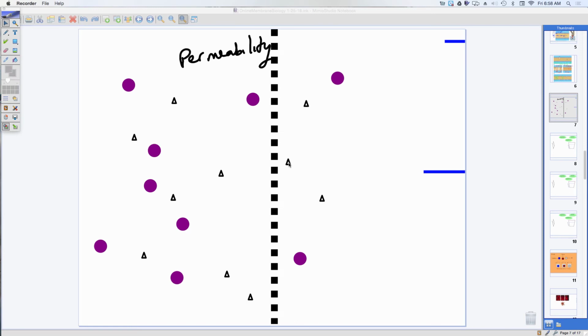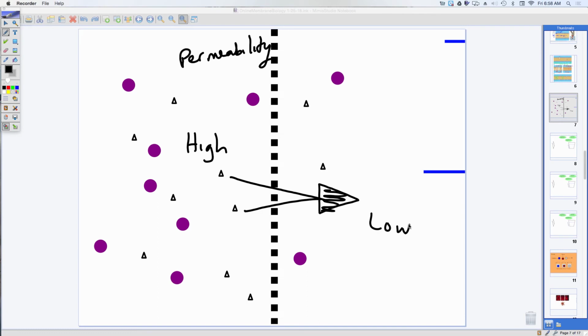In contrast, the triangles are capable of passing through the membrane, and they actually travel in both directions. However, we will find that there is a net movement of triangles going from a high concentration to a low concentration, and we call that net movement diffusion. That does not mean that the triangles do not travel from right to left.